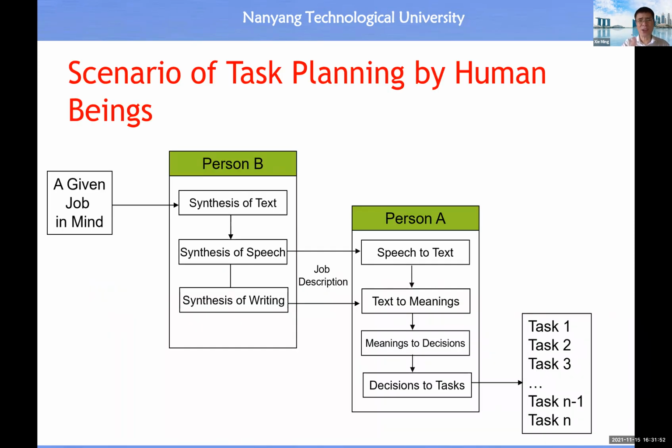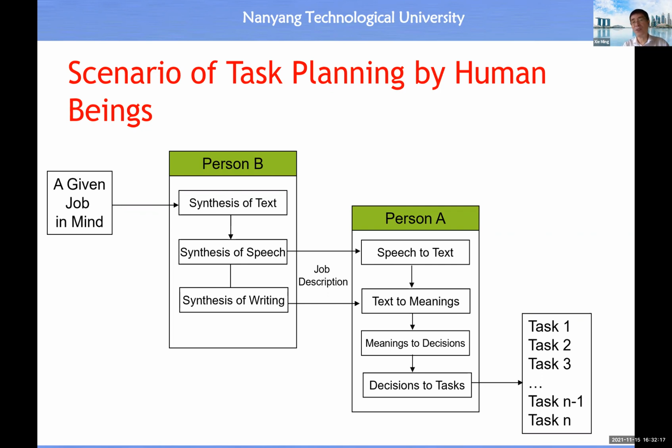If we deploy a human being to do task planning, the scenario could be described in this way. For example, person A is in charge of writing down the job description. This will be the input to task planning. For example, person B is a manager, a boss.